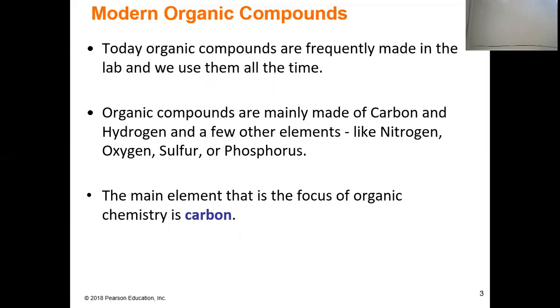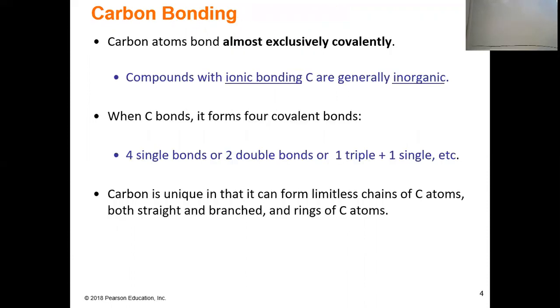When we think about organic chemistry and organic compounds, the main element that we're going to focus on is carbon, okay? Organic compounds are usually made up of carbon and hydrogen, and then a few other elements. Okay, but the carbon and the hydrogen, those are the big things. Those are the big focuses.